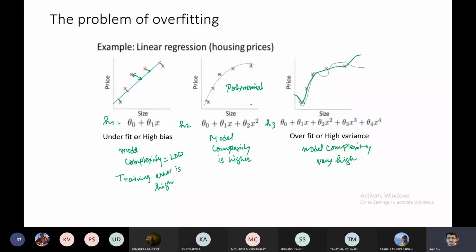So this is a very complicated curve. Now we say it is overfit. What do you mean by overfit? We already discussed this thing, and we will discuss it again.